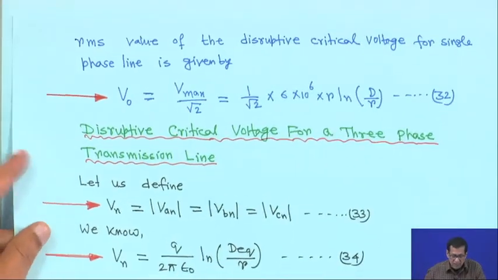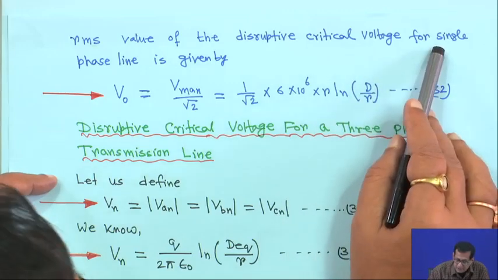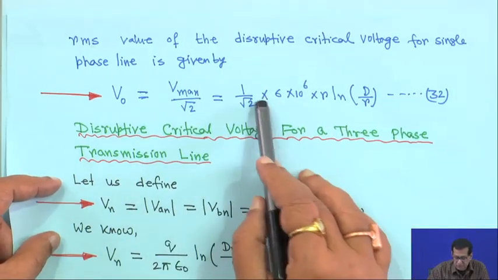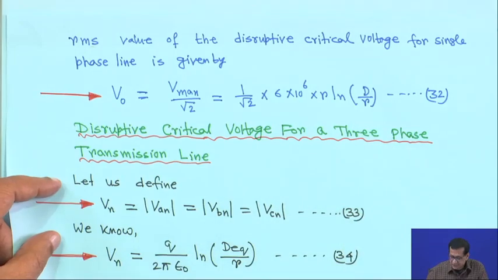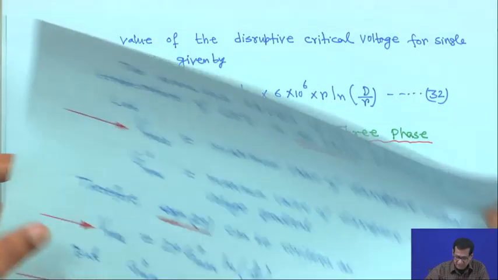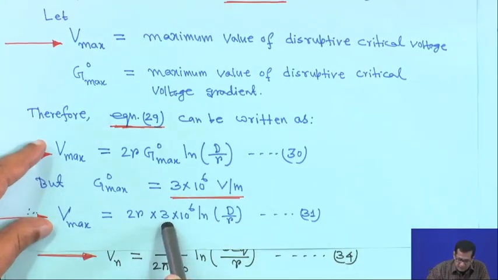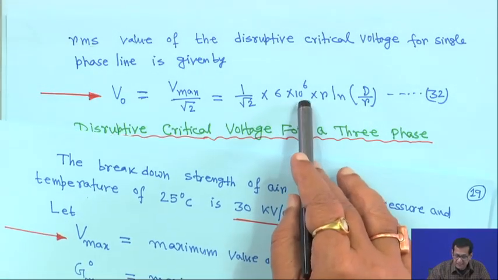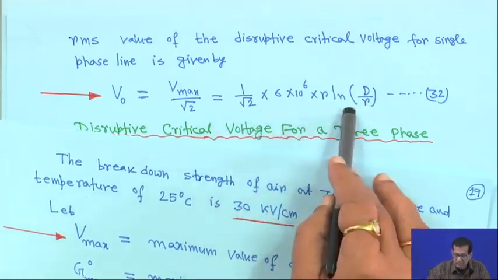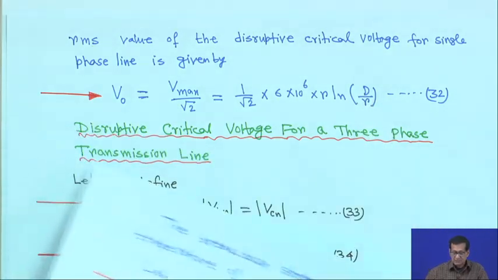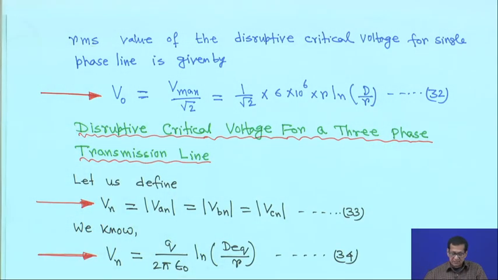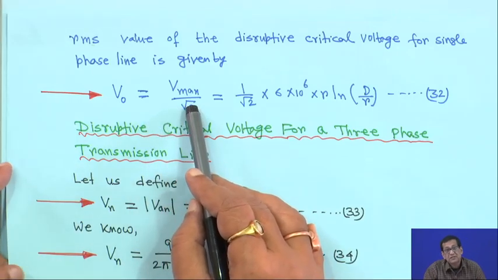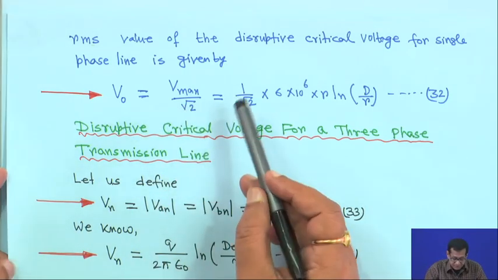So, the RMS value of the disruptive critical voltage for a single phase line, V0, will be Vmax upon root 2, which is equal to 6 into 10 to the power 6 R ln d upon R divided by root 2, because 2 into 3 is 6. This is equation 32. So, this is V0, the RMS value of the disruptive critical voltage.